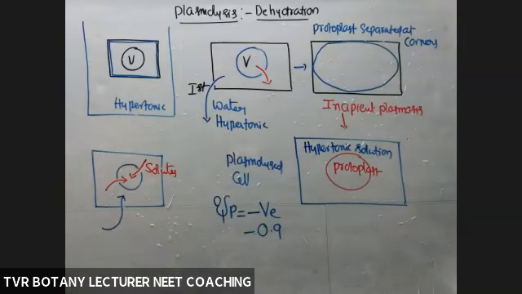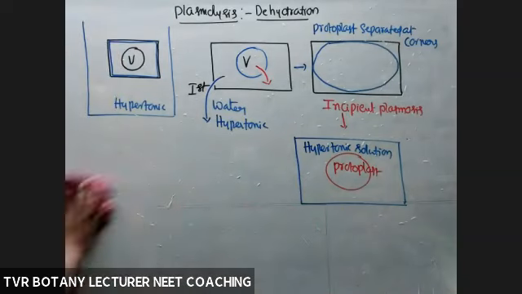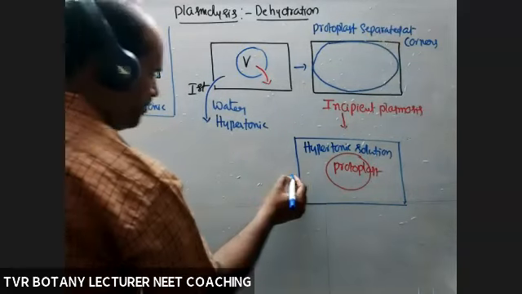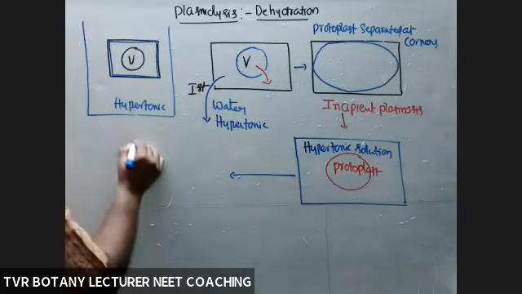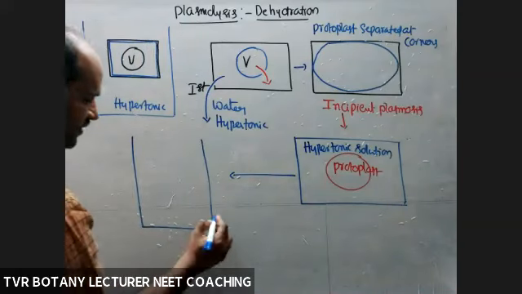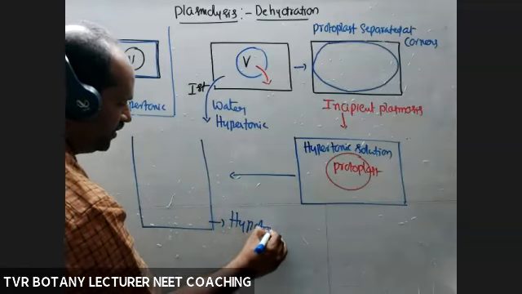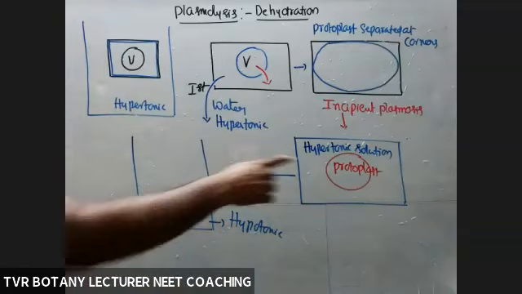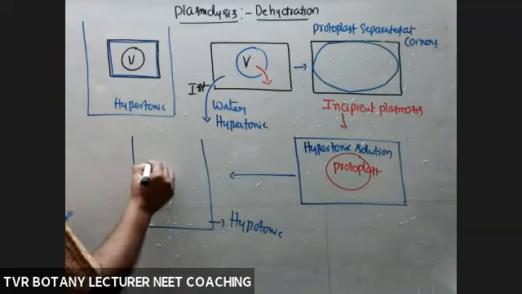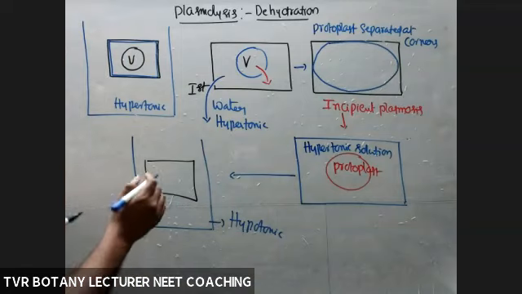For example, this plasmolyzed cell is dropped into a beaker with a hypotonic solution, less concentrated.